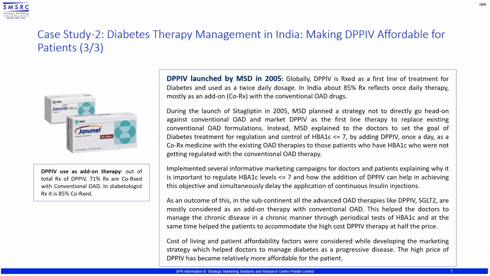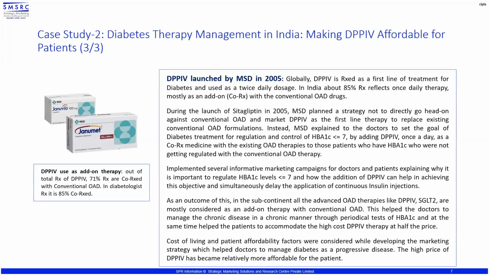In most of those cases, we find the brand struggles and doesn't get built as a unique brand and create a place in the mind of the prescriber or the patient. So instead of going head on, MSD explained to the doctors and set a goal of diabetes treatment for regulation and control of HbA1c less than or equal to 7.